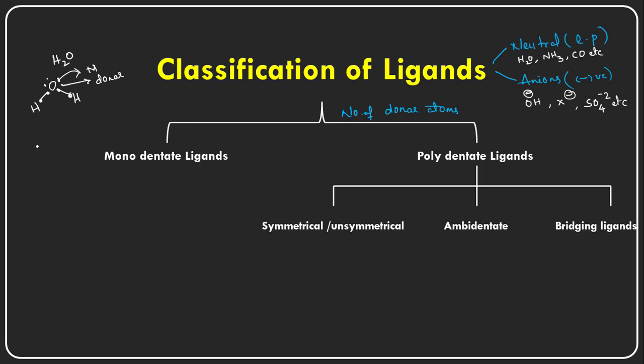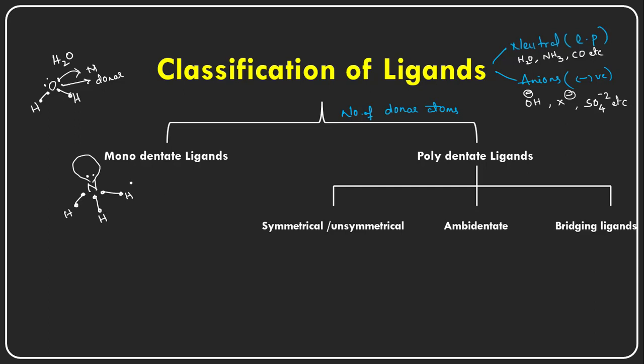And if you take ammonia, NH3, the three hydrogens form three covalent bonds with the nitrogen by sharing their electrons. The hydrogens balance their valencies, but nitrogen has one lone pair of electrons.